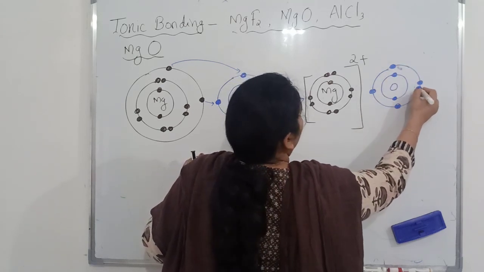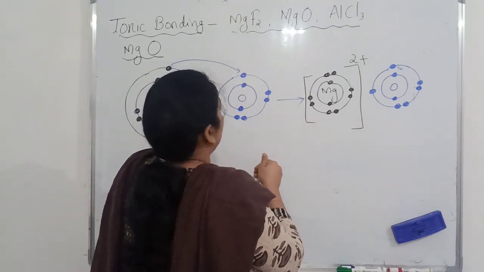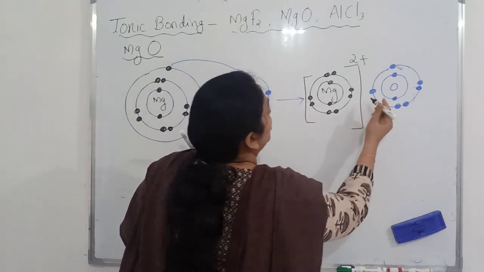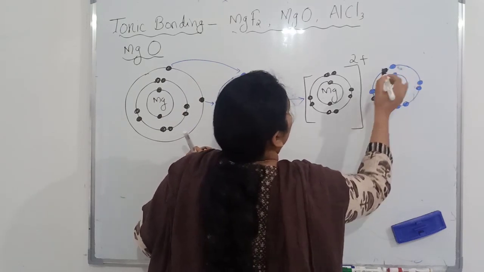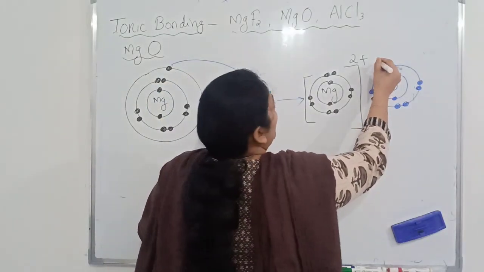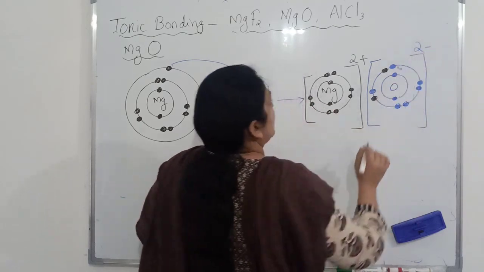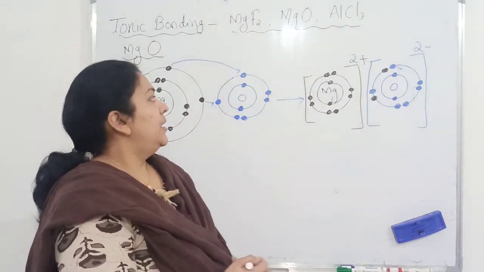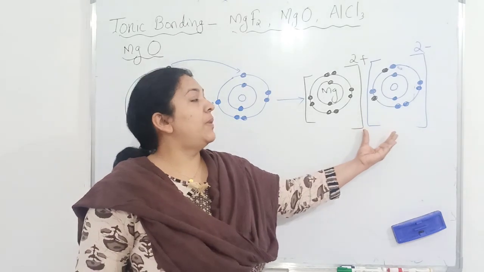Paired ones are here. 6. Now 2 electrons have come and joined from magnesium, right? And this became 2 minus. So here magnesium 2 plus ion and oxide 2 minus ion.